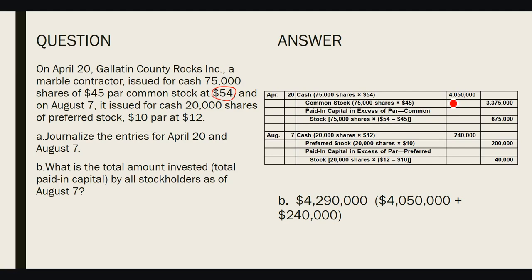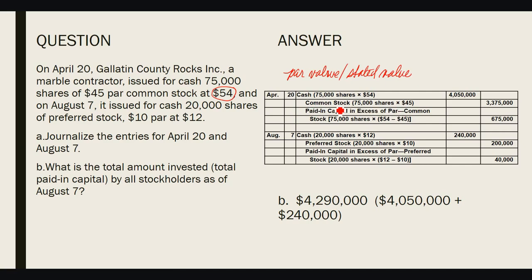That ends up being $4,050,000. On the other hand, remember that common stock must always be listed at its par value, or its stated value if it is listed. And so we cannot just say, oh, common stock.